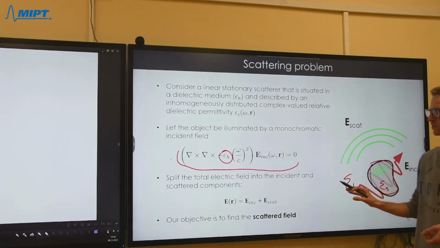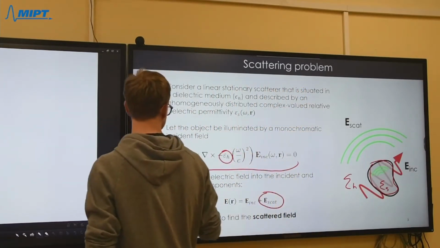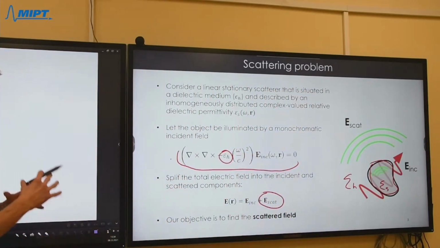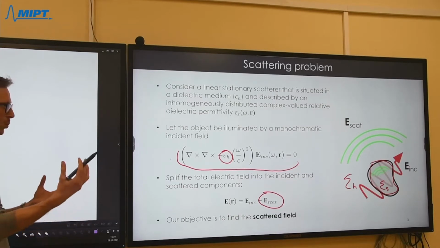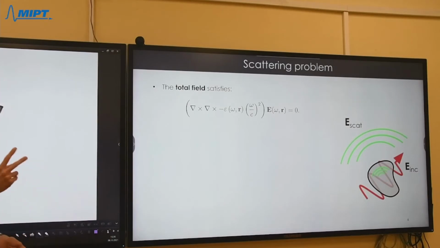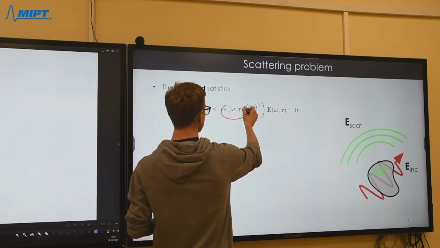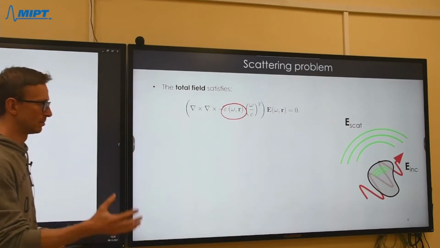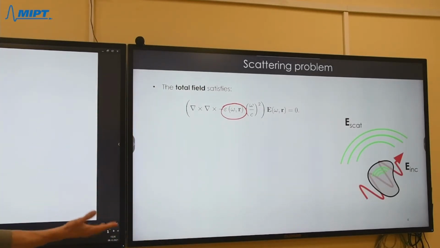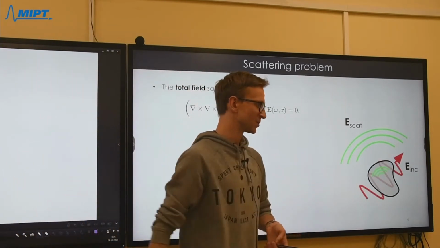And we're going to learn different tools that allow us to find the scattered field that arises due to the interaction of the object with the incident field. So the total field, which consists of the two, incident plus scattered, satisfies the same wave equation, but with a different permittivity. Now it is the full permittivity epsilon, which accounts for both the environment and the presence of the object.